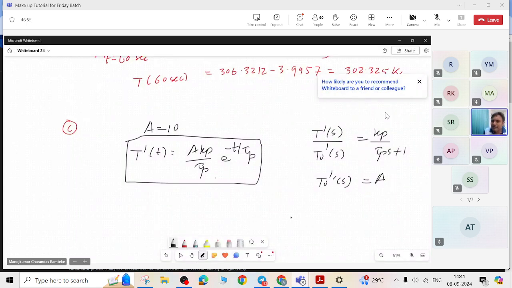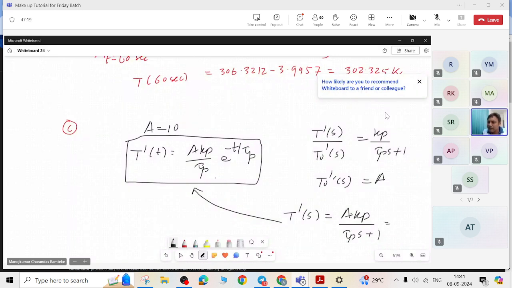So in that case, T dash S will be A Kp divided by tau P s plus 1. And if you invert this into the time domain, T dash T comes out to be A Kp divided by tau P e raised to the power minus t by tau P. Is it clear?